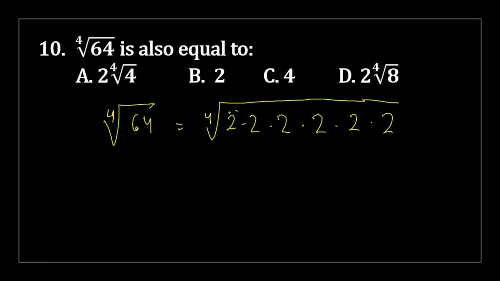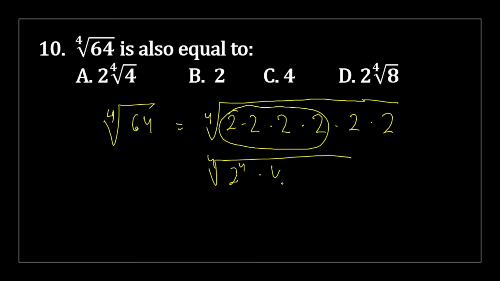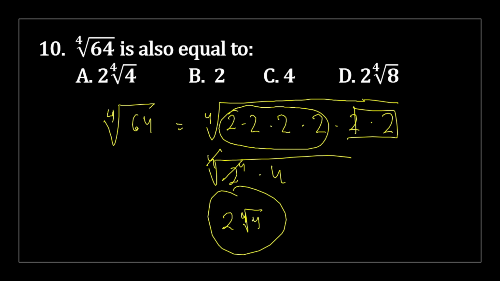So in this case, we can form it as the fourth root of 2 raised to 4 times 4. So we could just eliminate this. We have 2 times the fourth root of 4. So that is the answer, letter A.